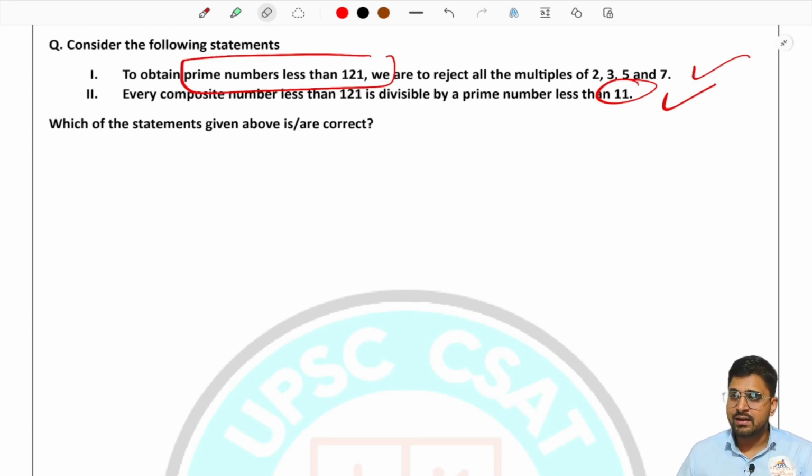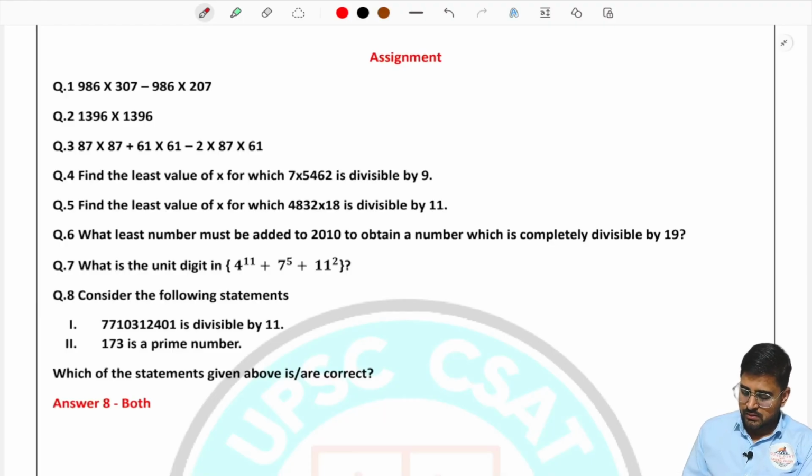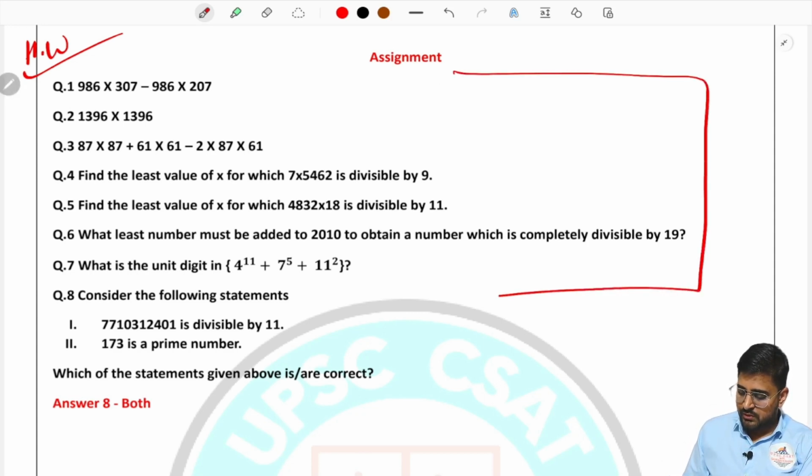No need to write anything. Now this is basically your homework. Try this question at your home, and these questions are generally based on the questions we have done. So for question number 1 to 7, there is no need to give you a specific solution.